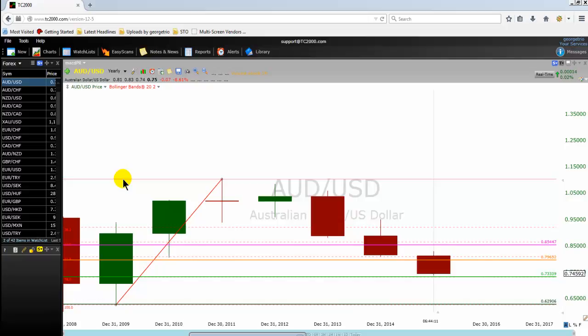We can see that from 2008 to 2011, the US Federal Reserve was devaluing the US dollar.